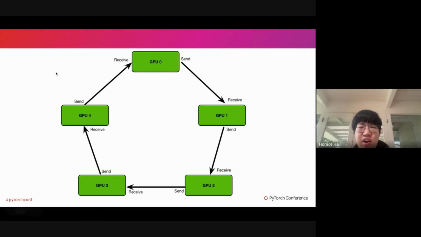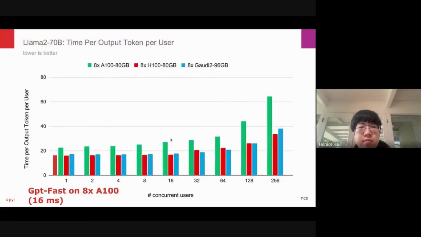The standard algorithm is very much optimized for large tensors. But for smaller tensors, it uses what's called a ring algorithm, which is extremely inefficient in terms of latency. So we're able to write different algorithms that are optimized for latency purposes and substantially outperform NCCL for this purpose.